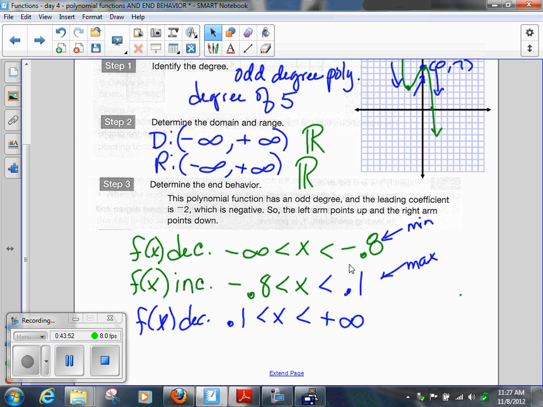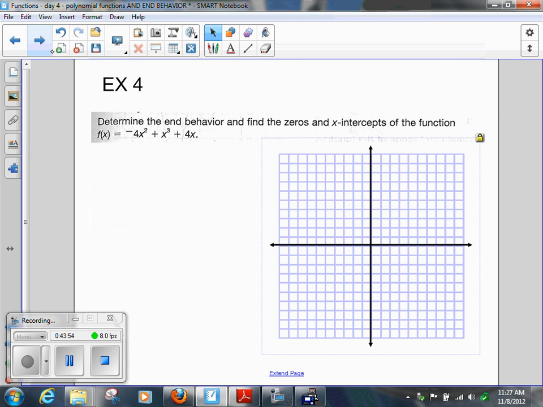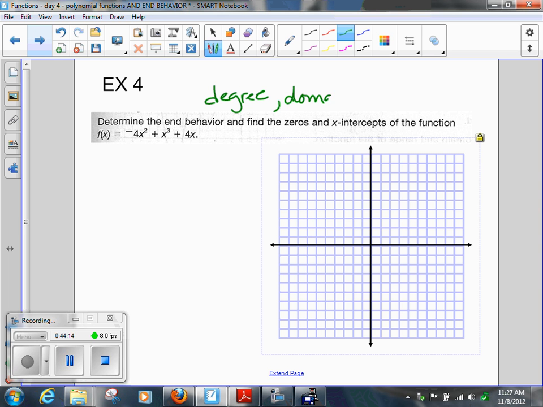Holy moly. All right, let's do another one. Go to the next one. Determine the end behavior and find the zeros and x-intercepts of the function. Folks, I also want you to find the domain and range, and the degree.